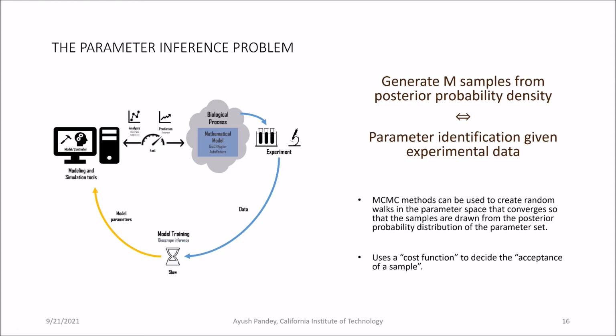They're not exactly random, but they are sampling with an underlying algorithm that proposes the next sample given what the previous sample was. And so by solving this sampling problem, we can solve the parameter identification problem as well.